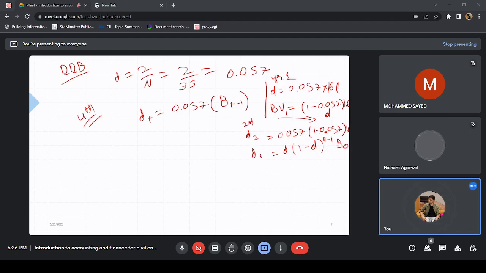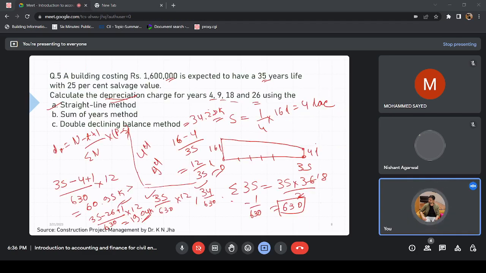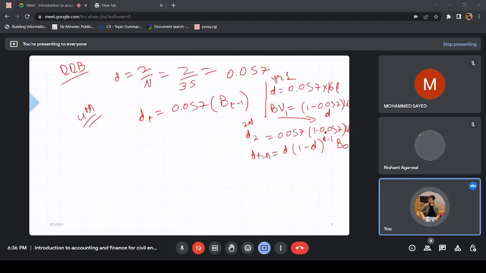So with this formula, putting the value of d as 0.057, B0 as 16, and n as 4, 9, 18, and 26, we can determine the depreciation charge at each year.